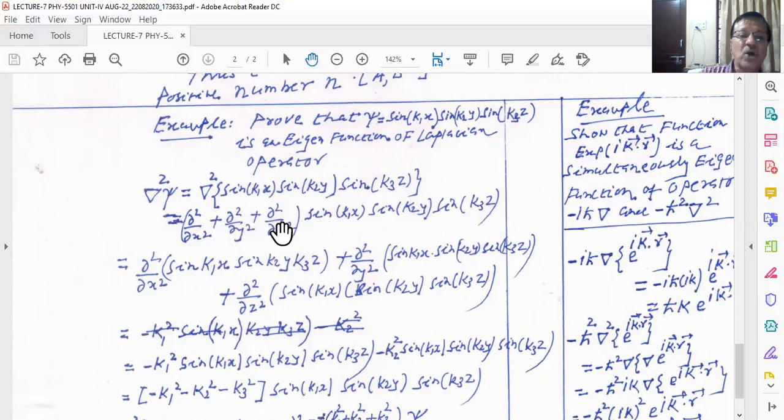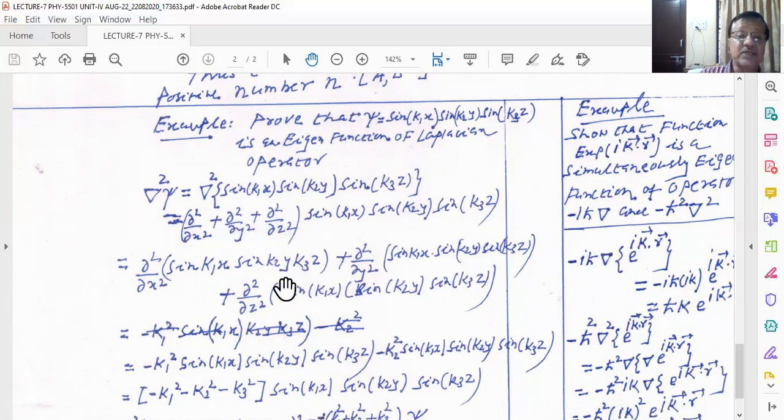So if I solve this bracket, I can write del square by del x square operating on sine k1x, sine k2y, sine k3z, plus del square by del y square operating on sine k1x, sine k2y, sine k3z, and plus del square by del z square operating on sine k1 of x, sine k2y, and sine k3 of z.